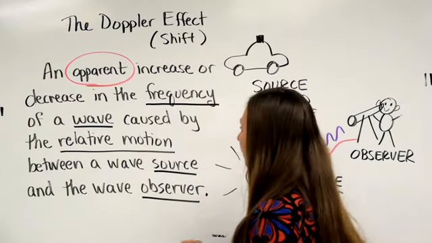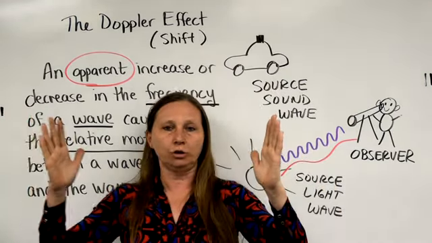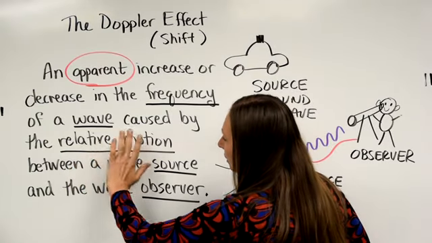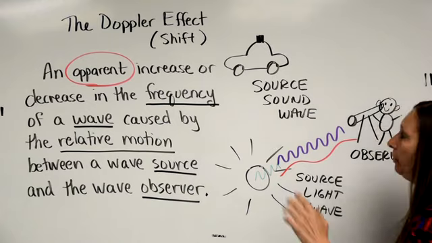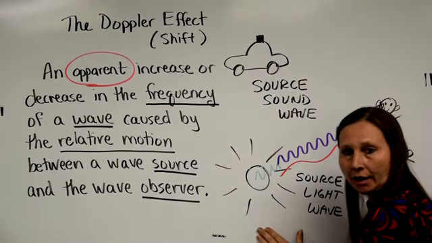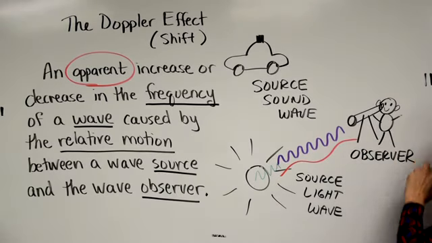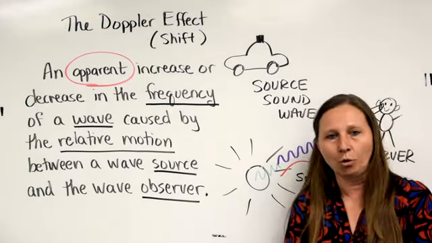But again, relative motion, they're either getting closer together or farther apart. And it is between the relative motion of a source and an observer. So now you know a typical source of a sound wave, a typical source of a light wave, and a typical observer. Okay? So we're going to go into some more detail.